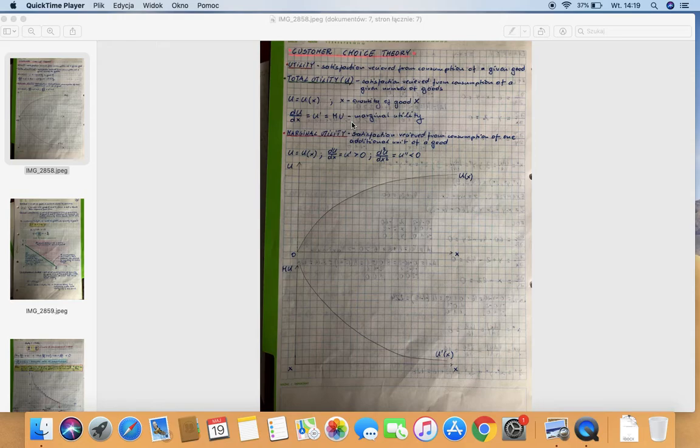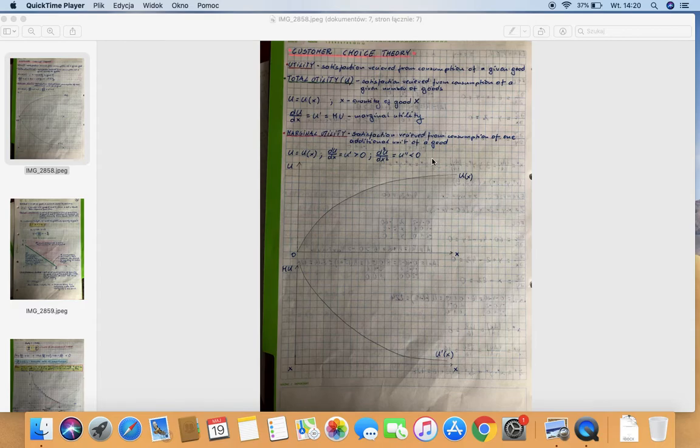generally, the empirical results and pure reasoning actually show us that the total utility function should be behaving in a very specific way. And this way is described to you in the first graph over here. Look, basically we see here an increasing concave shape. And this is described by marginal utility being always positive, but the second derivative of total utility being always negative.